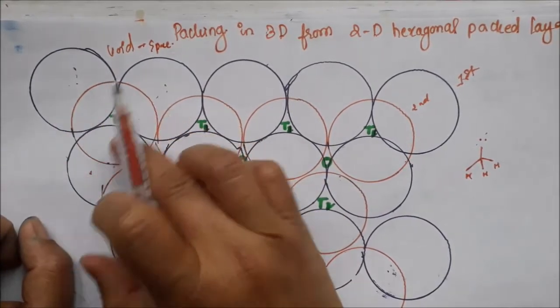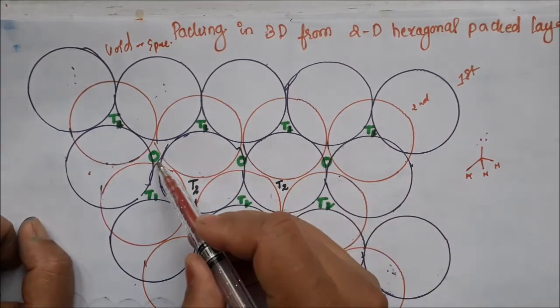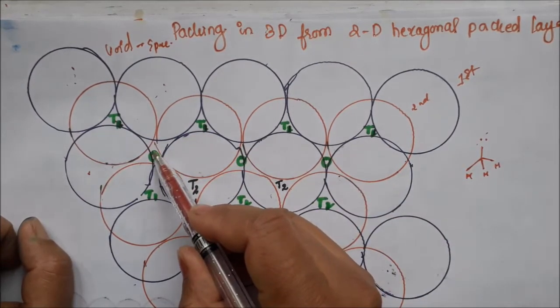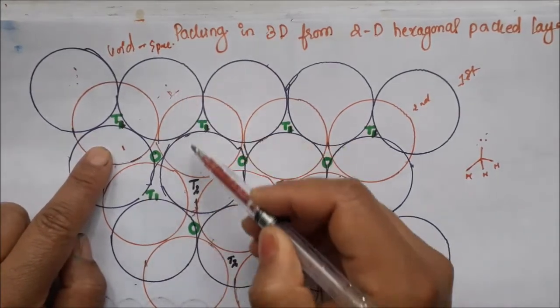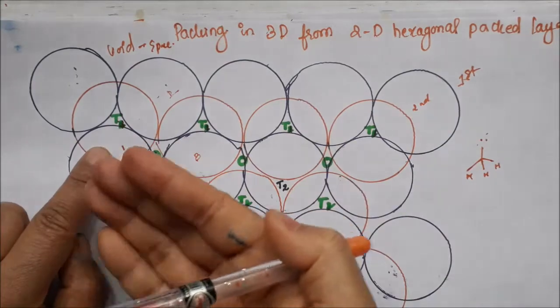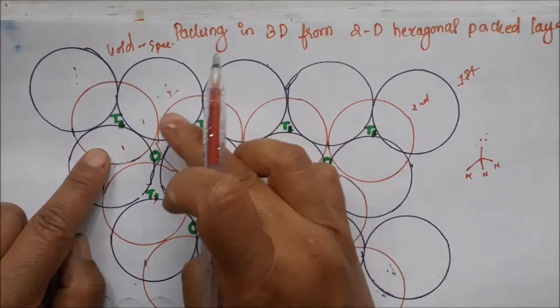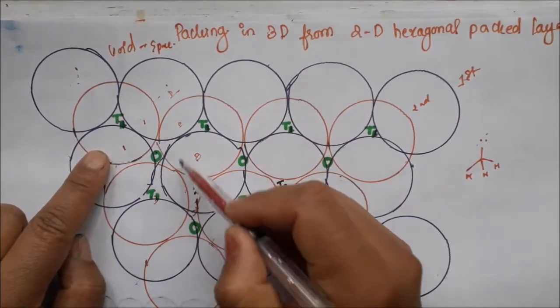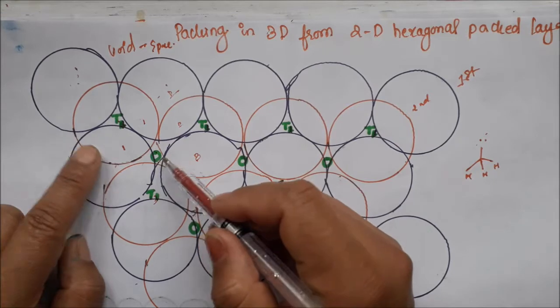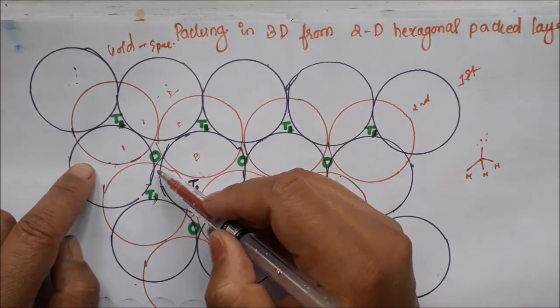It arises because of the packing of 4 spheres. Then the next type of void, let us see how it is created. 3 spheres of the first layer, then 1 2 and 3 of the second layer. So 3 plus 3, 6 spheres create this void, and this is called octahedral packing.